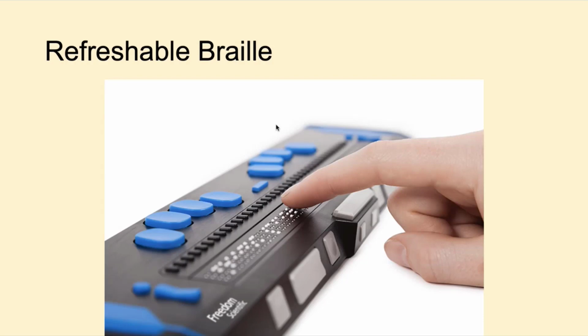But now Refreshable Braille is delivered via a digital means, and on the screen we've got a picture of a Refreshable Braille device, and a person with their finger pressed to the raised Braille dots. This means that they can have information generated in a digital way and almost instantly converted to a Braille format that they can read in a very mobile and responsive way.